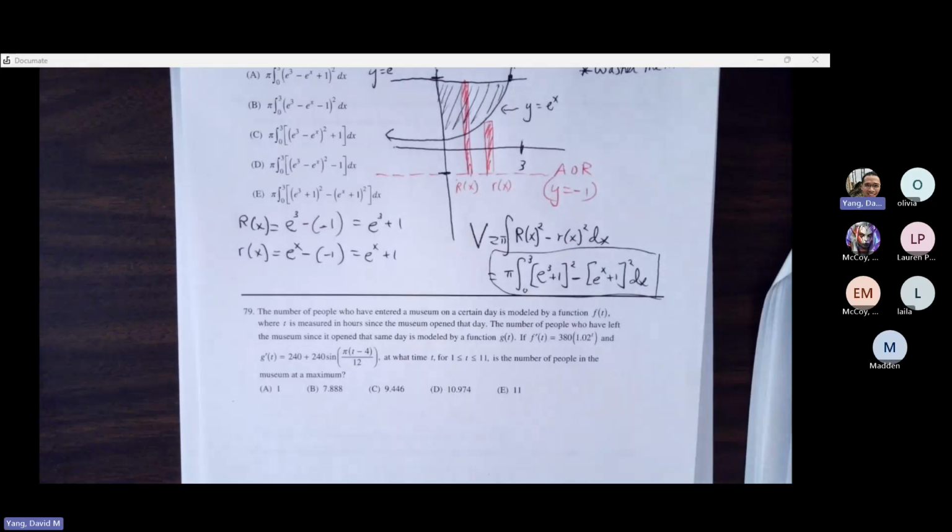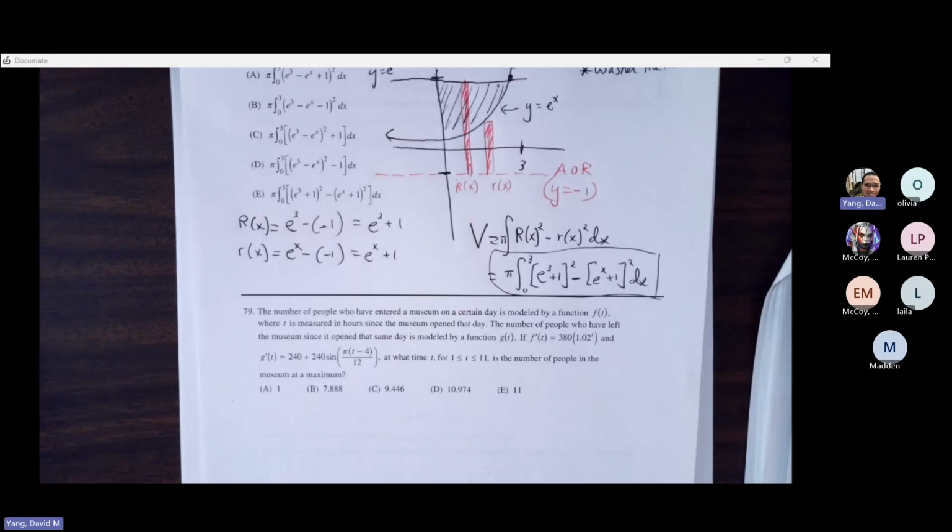All right, 79. The number of people who've entered the museum on a certain day is modeled by the function f of t, where t is measured in hours since the museum opened that day. The number of people who have left the museum since it opened, same day, is modeled by g of t. If f prime is given and g prime is given, at what time is the number of people going to be at a maximum?